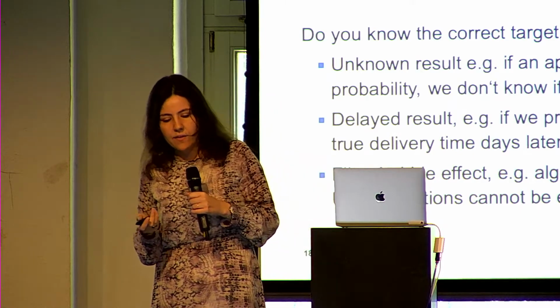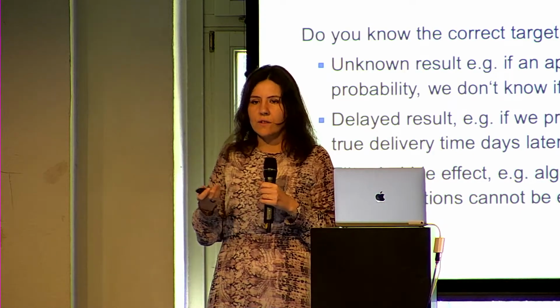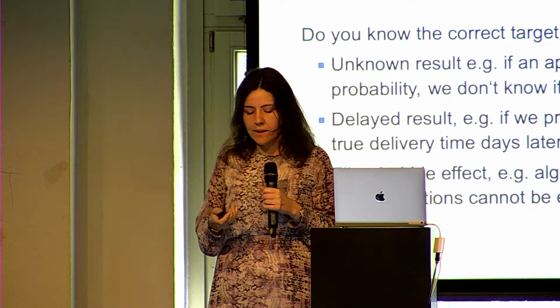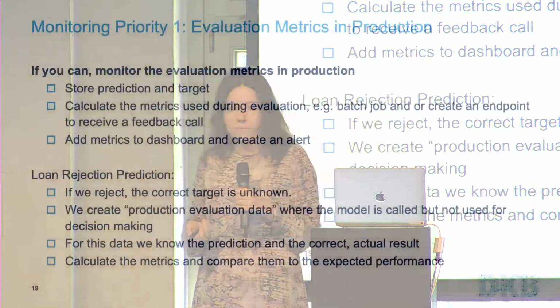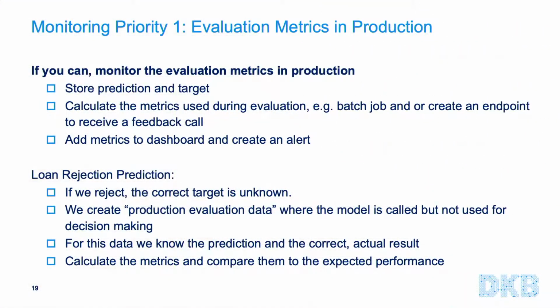So sometimes you have the target close enough in time, and in these cases you can calculate the evaluation metrics in production. I just gave you a bunch of examples where it might be a bit delayed, but it's still good to calculate. If you have the food delivery service, you have it maybe an hour after your prediction. This means it's not perfect for real-time monitoring, but you have the ground truth.